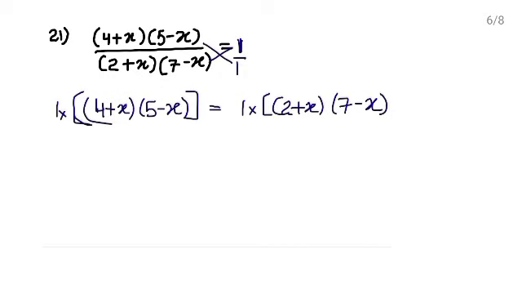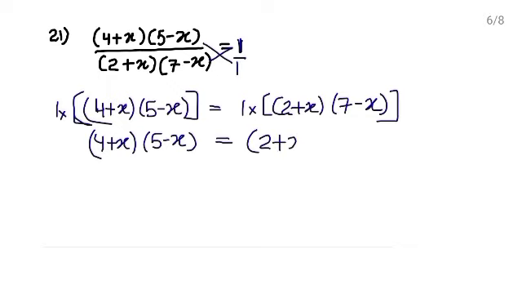Now when you multiply any number by 1, it remains same, so this is equals to (4 plus x)(5 minus x) is equals to (2 plus x)(7 minus x).